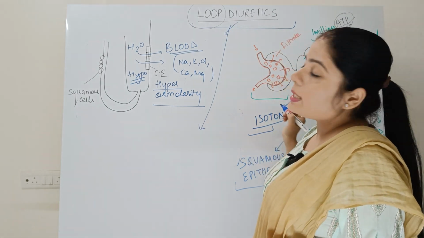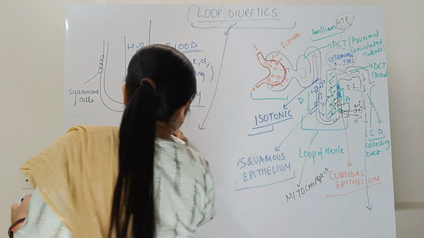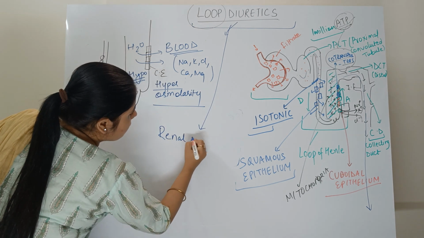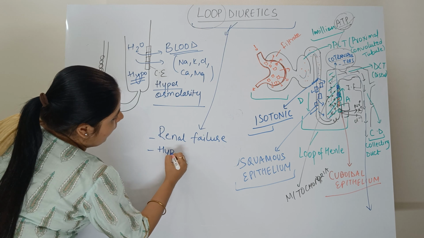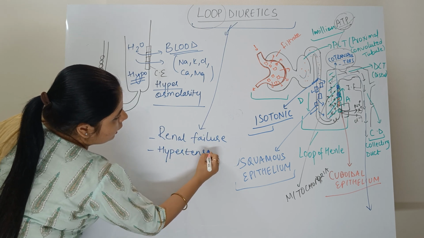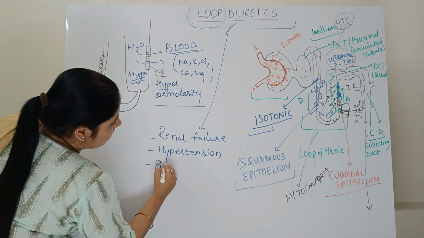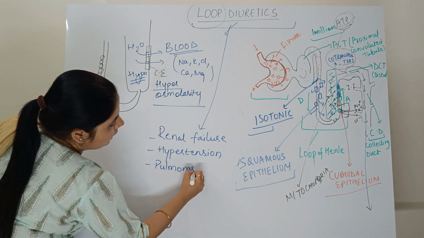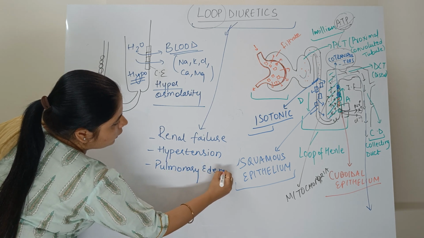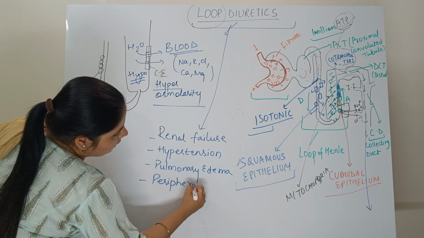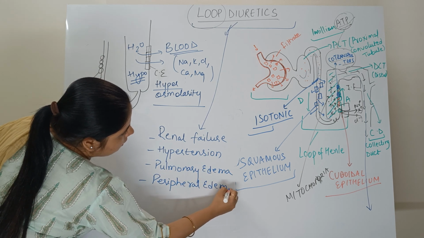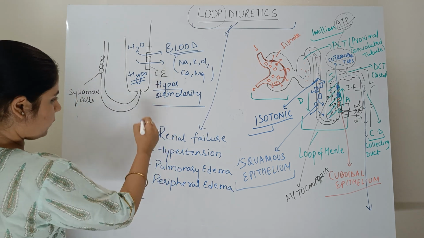Loop diuretics are useful in conditions of renal failure. They are useful in conditions of hypertension. They are useful in conditions of pulmonary edema. They are useful in conditions of peripheral edema.